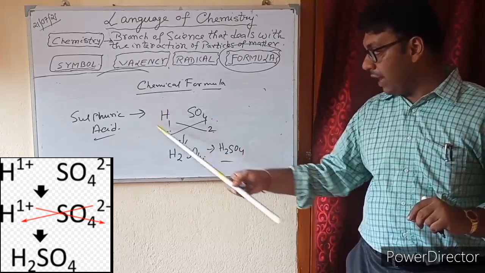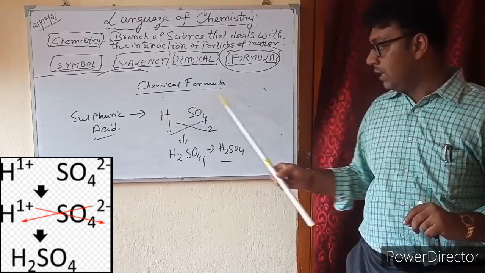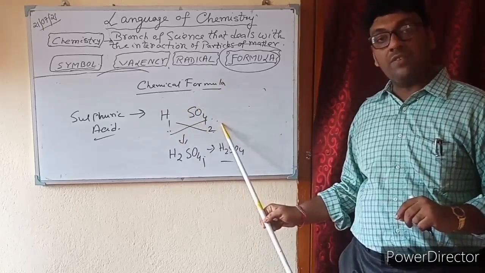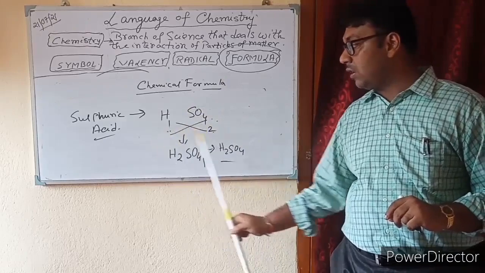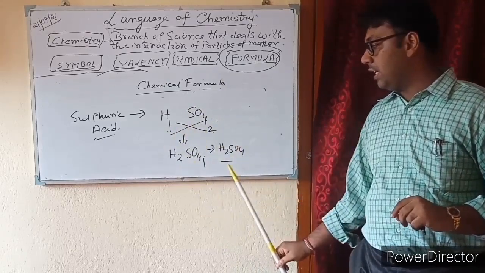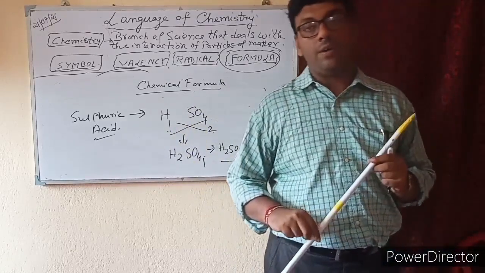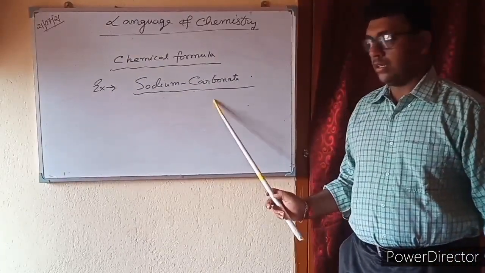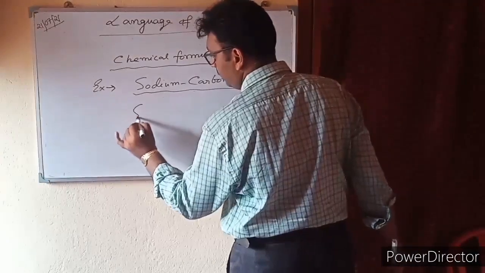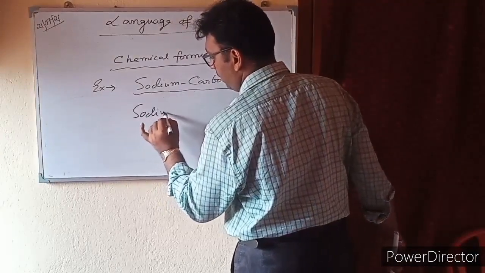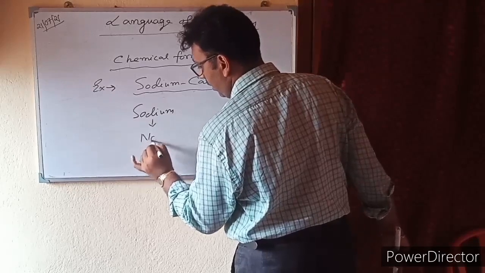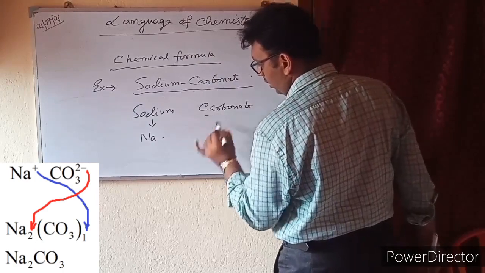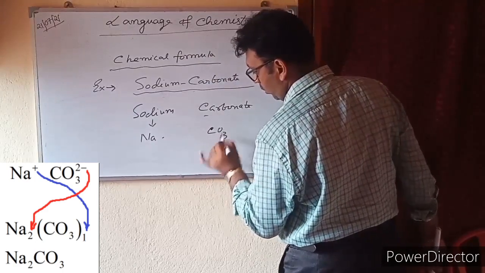Again I am telling, first write the basic part, positive part, then write the negative part, second write their respective valency, third just crisscross the valency and write the ultimate chemical formula of the compound. So another example is sodium carbonate. So write here sodium, first sodium is Na, carbonate CO3.